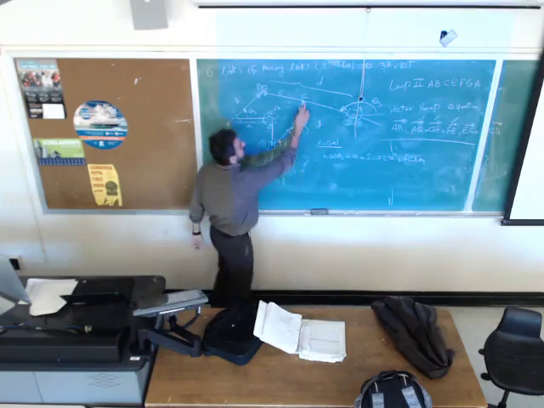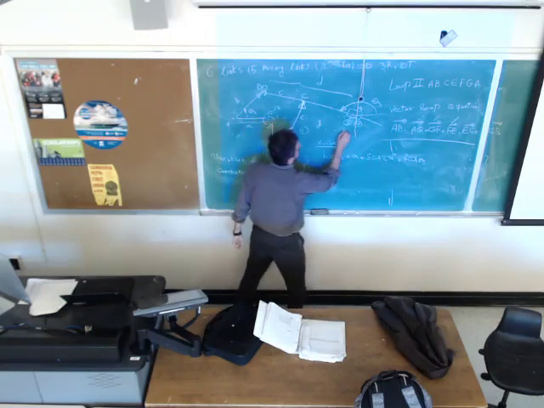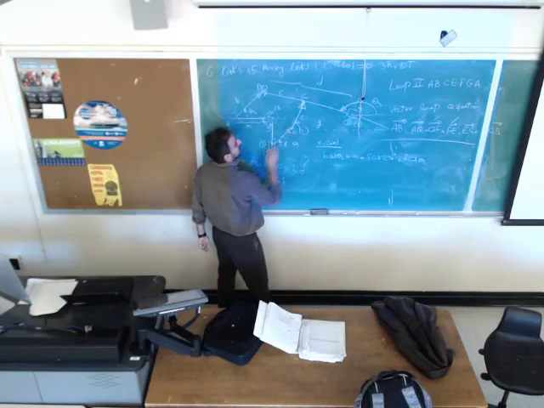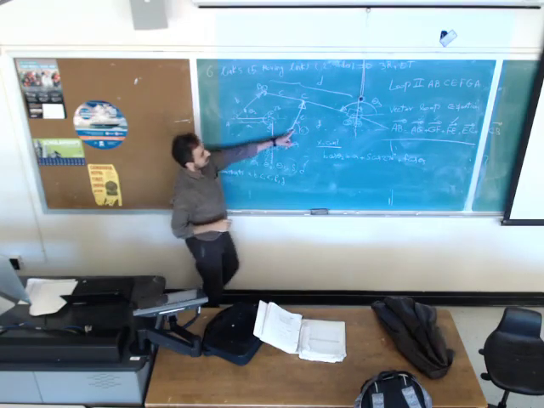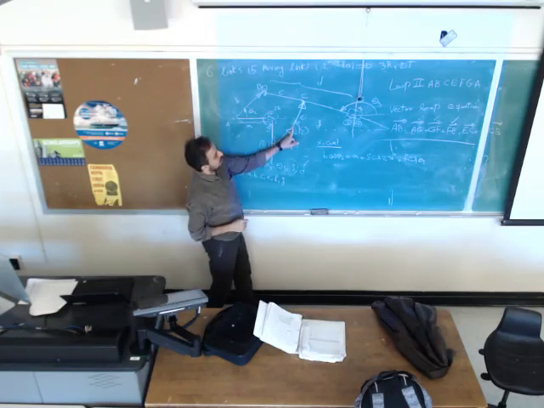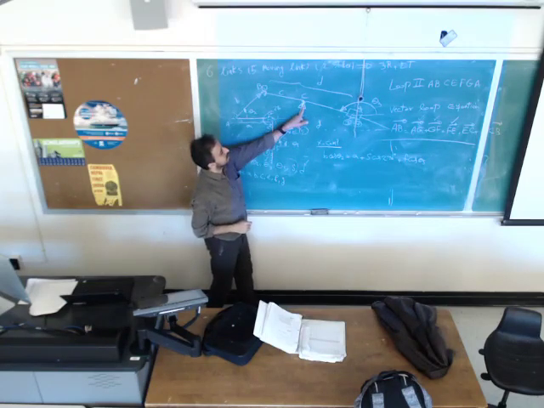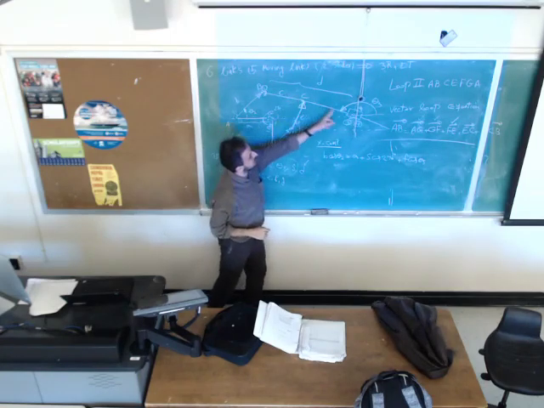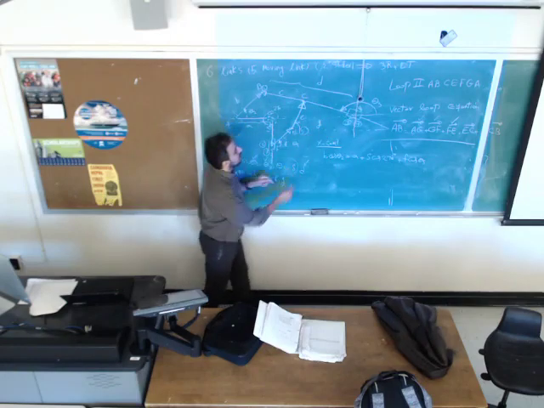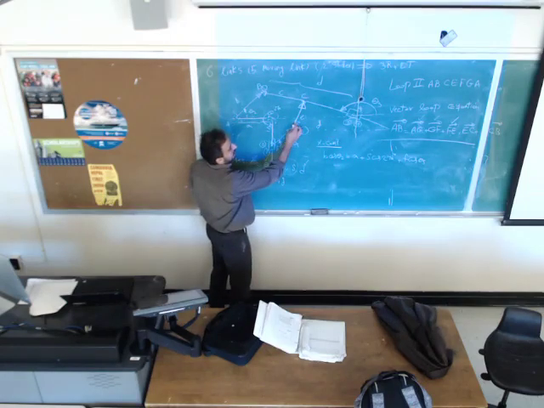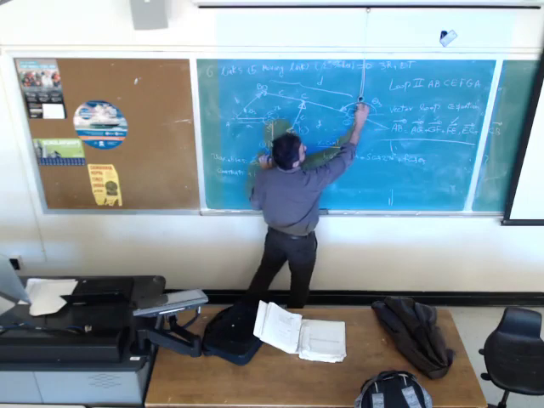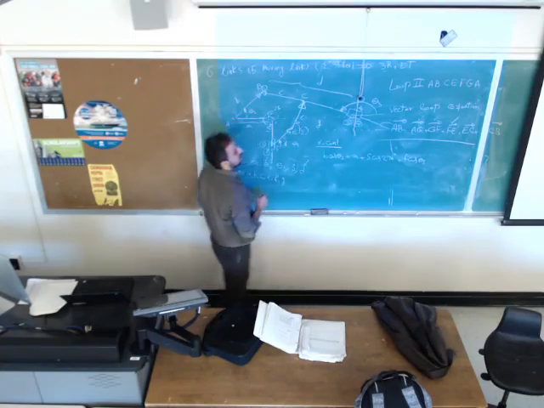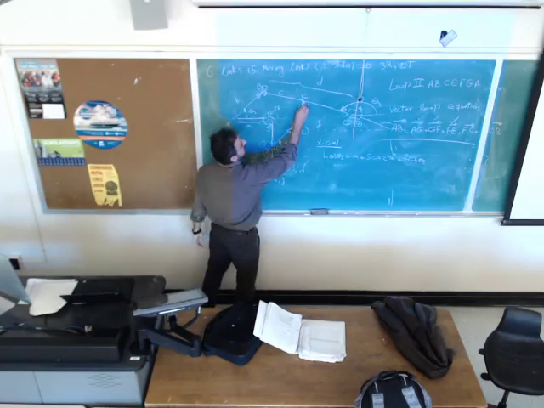Now E to C, I need to know what this angle is. You should know that since this guy was a part of the rigid body of BD, this angle is not a new angle. It depends on theta 3, which is this angle. This is 90 degrees.